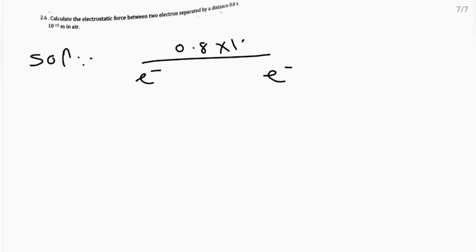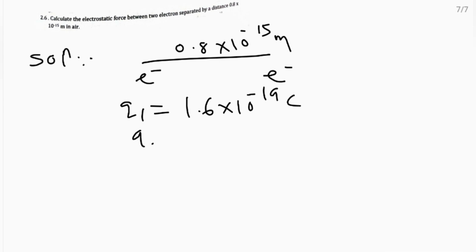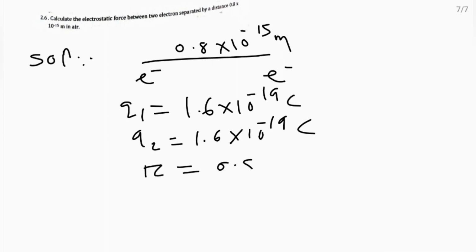So solution, there are two electrons separated by a distance 0.8 into 10 to the power minus 15 meter, and we know the charge of one electron, that is 1.6 into 10 to the power minus 19 coulomb. q2 will be the same, 1.6 into 10 to the power minus 19 coulomb, and the separation between them, r, is given how much? 0.8 into 10 to the power minus 15 meter.